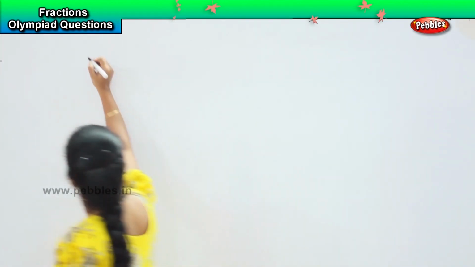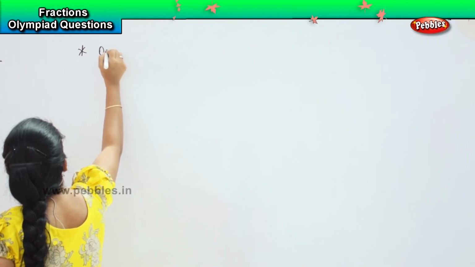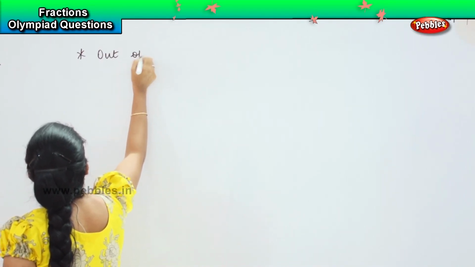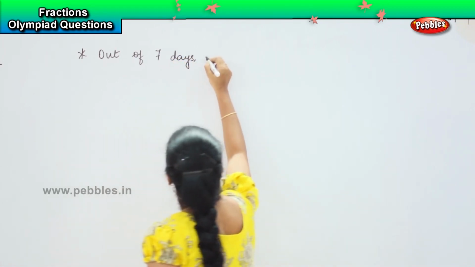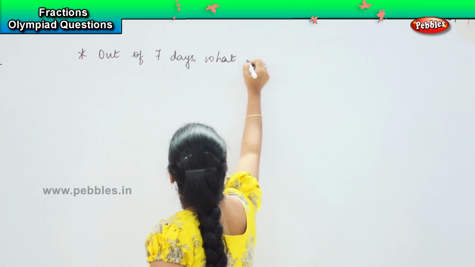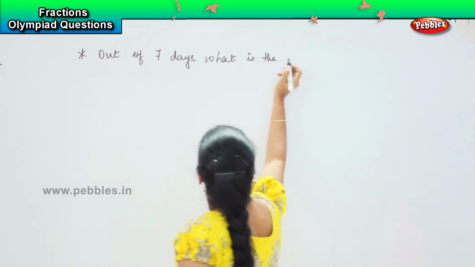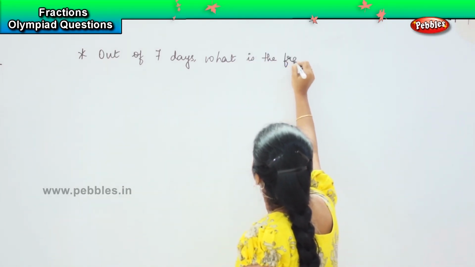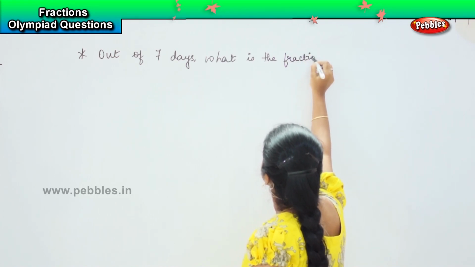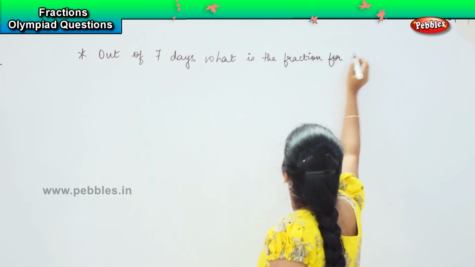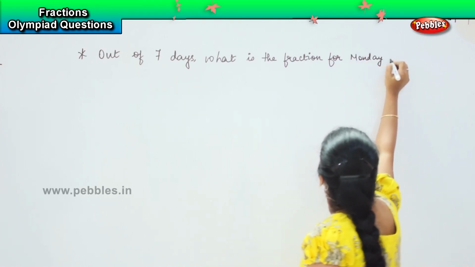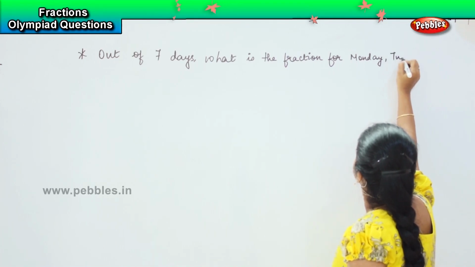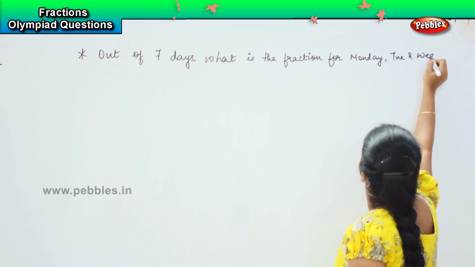Okay. Here is your next question. Out of 7 days, what is the fraction for Monday, Tuesday and Wednesday?